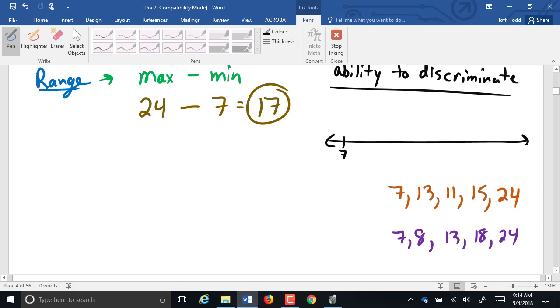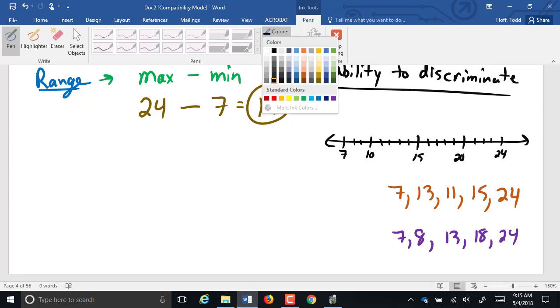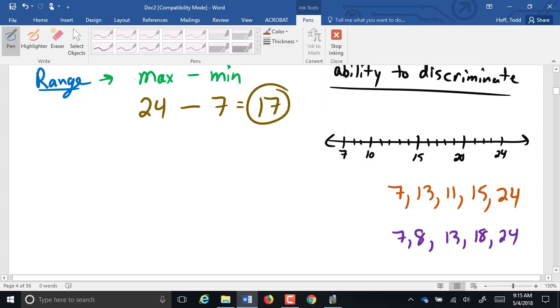We're going from 7 up to 24. So that first set of data, we have values of 7, 13, 11, 15, and 24.